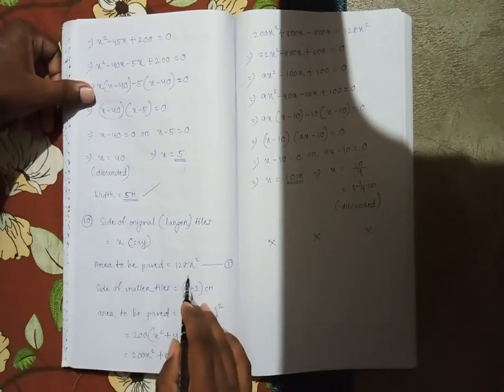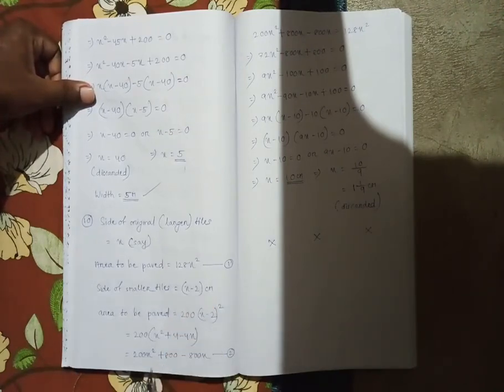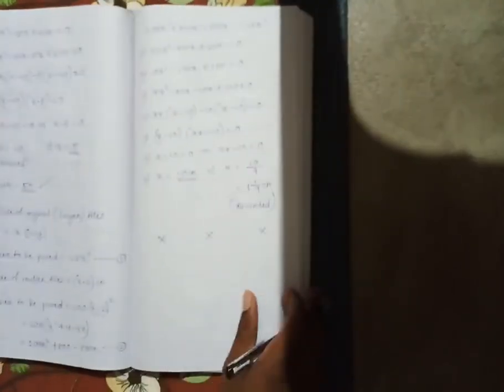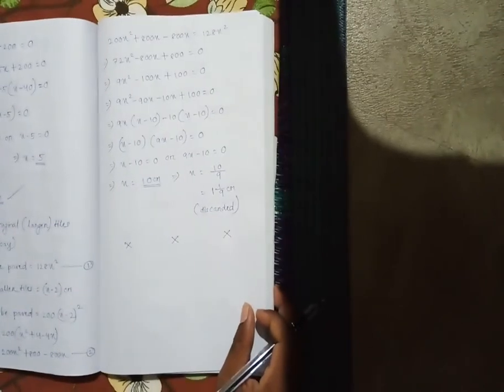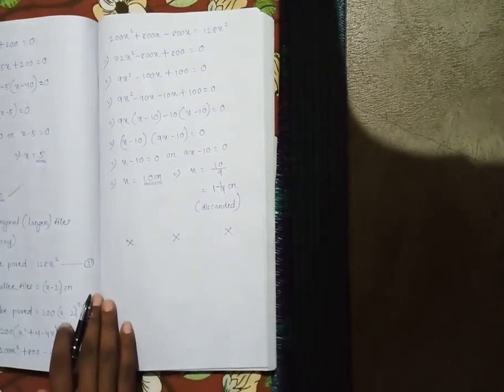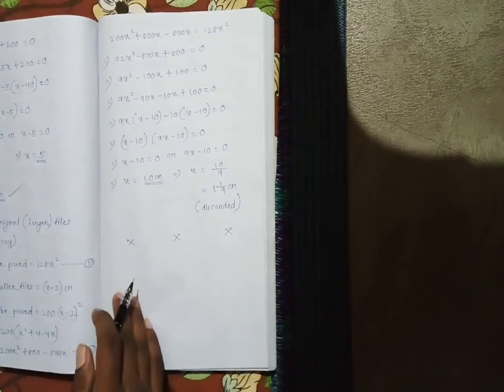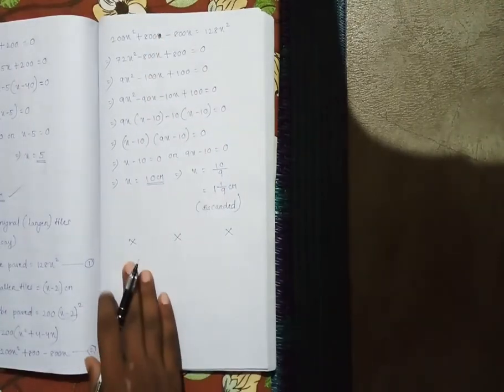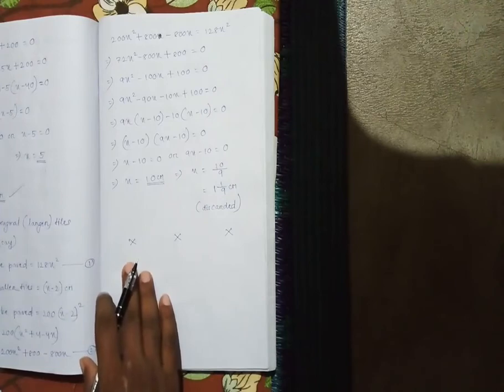So we can say 128x square is equal to 200x square plus 800 minus 800x. Okay, so equating the equations, we get 200x square plus 800 minus 800x is equal to 128x square.